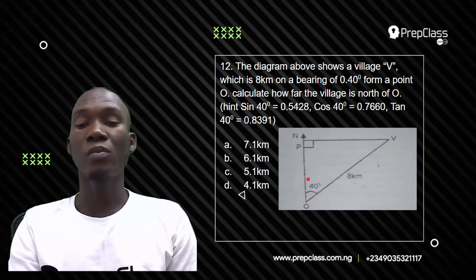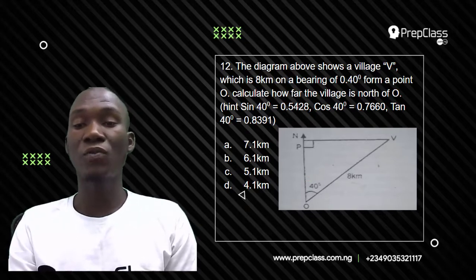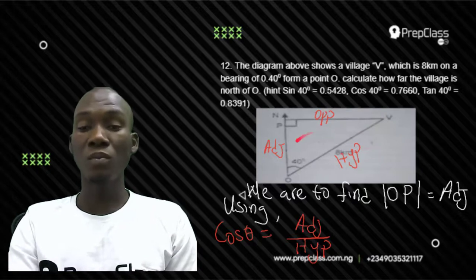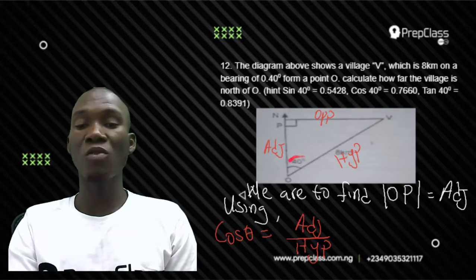Looking at this diagram, we are to solve to get distance of the village from north of O. So looking at the diagram, this is the angle we are given. That is, this is the point O, this is the village V, and this is the north of O, which is a point P. Now we want to calculate how far the village is from the north of O, that is the distance OP, which is giving us the adjacent.